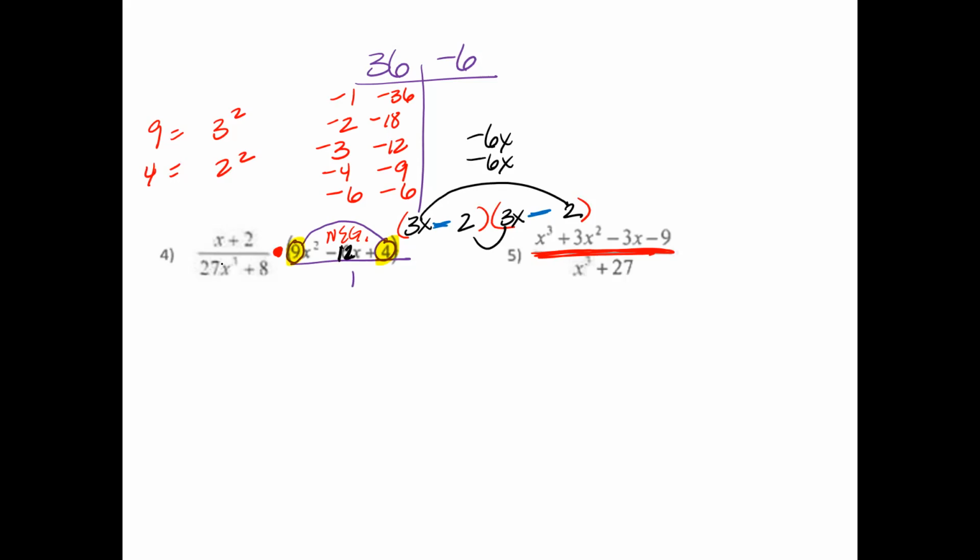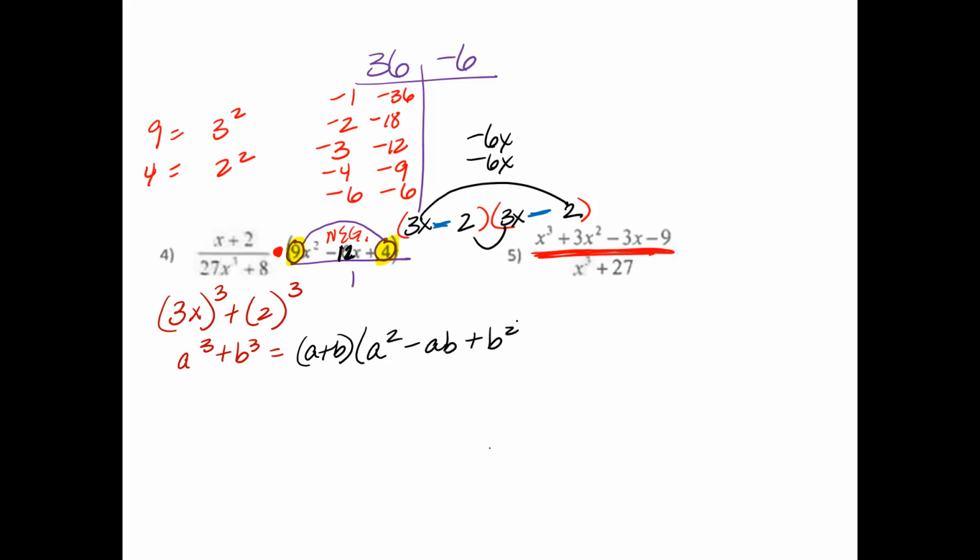Okay, so then I take a look at the bottom right here. And this right here is going to be the cube factorization, okay? So your cube factorization is 3x cubed plus 2 cubed, right? With the cube factorization, you saw this probably back in, I don't know, semester 1. The formula for this is a plus b times a squared minus ab plus b squared.